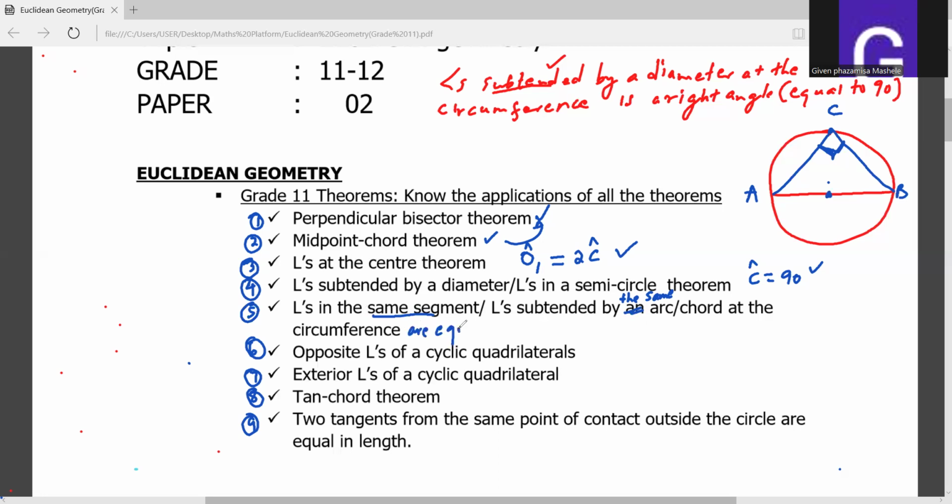The angles that are subtended by the same arc at the circumference or the same chord at the circumference are equal. What does this mean?